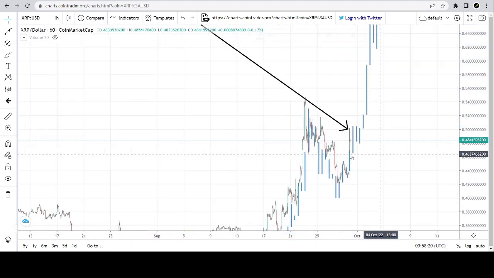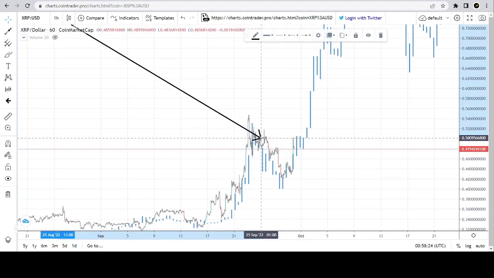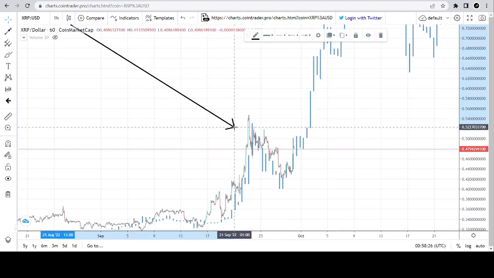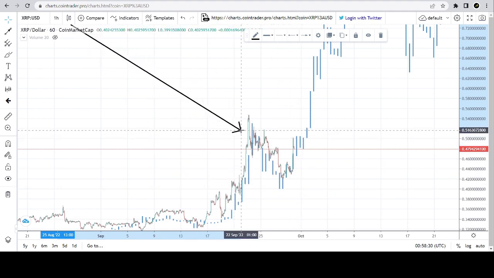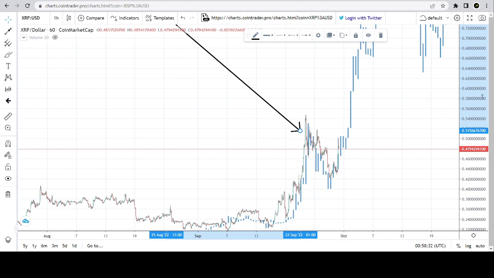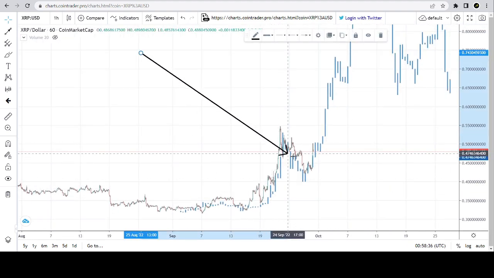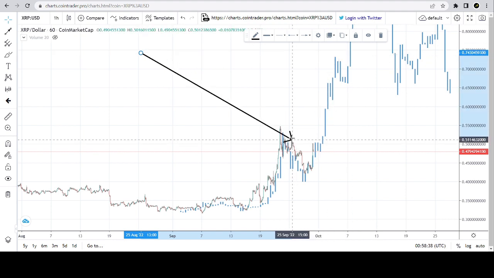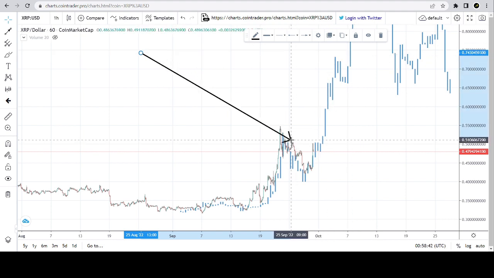So this is what leads me to believe that this is a potential match. I'm not going to be dogmatic about this because it's not fully developed yet, and it could change into one of the other ones, or another move up like this that took place in its past could end up being a closer match.